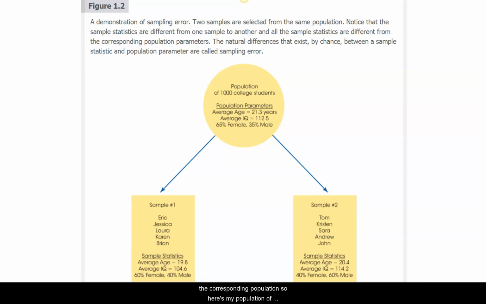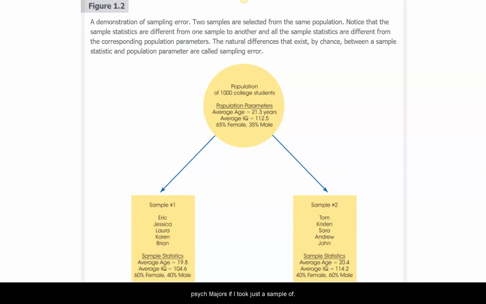So here's my population of 1,000 college students at a small college, say in Georgetown, Kentucky. The average age would be 21.3 years, an average IQ of 112.5, and it's 65% female, which is typical of a lot of colleges. I think that's roughly the percentage of our psych majors.